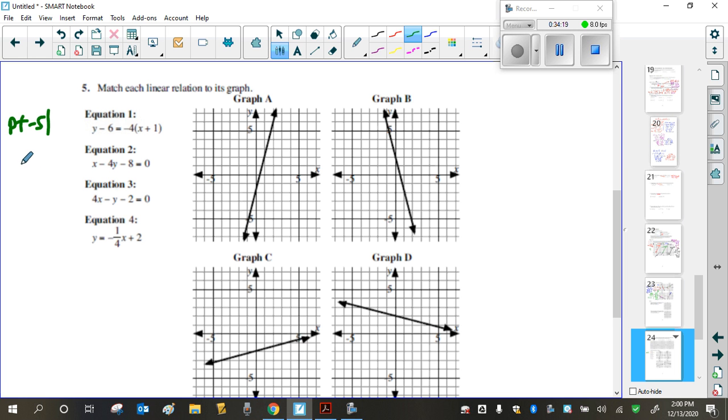So if you do solve for y here, which is slope-intercept, then I want you to do the intercepts for this one, or vice versa, okay? And this one is already in y equals mx plus b form, so you can just look at it and see which graph it corresponds to. So go ahead and pause that. When you're done number 5, you can unpause, and the answers will be right in front of you.